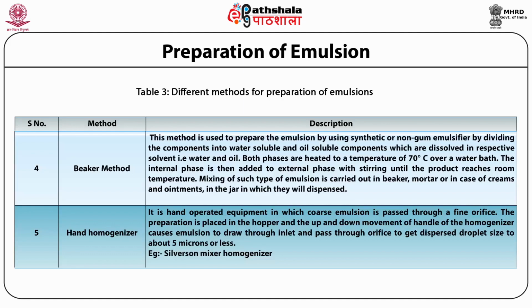The preparation is placed in a hopper and the up and down movement of the handle of the homogenizer causes the emulsion to draw through an inlet and pass through the orifice to get a dispersed droplet size of about 5 microns or less. An example is the Silverson mixer homogenizer, which is widely used for this purpose.